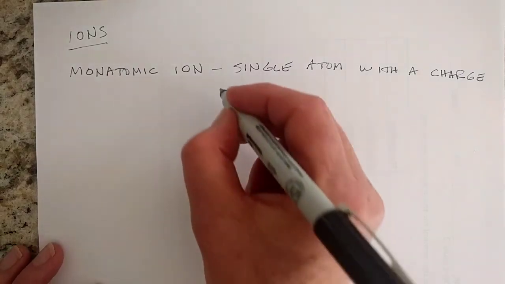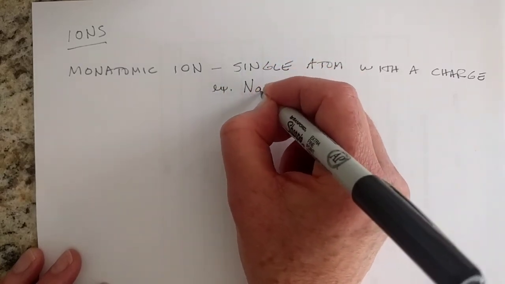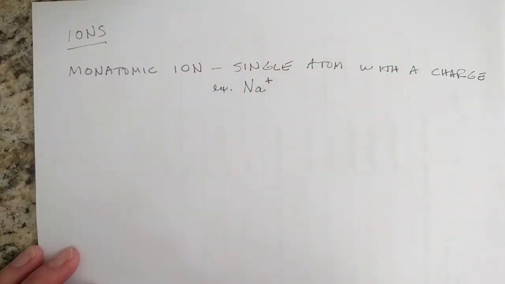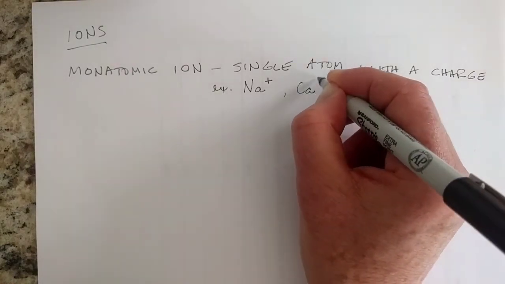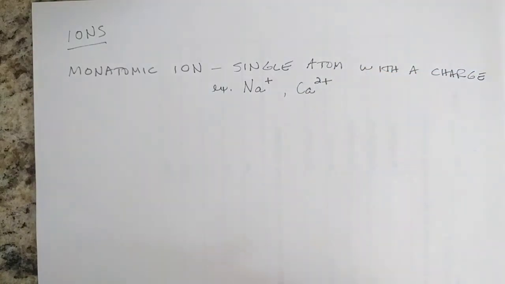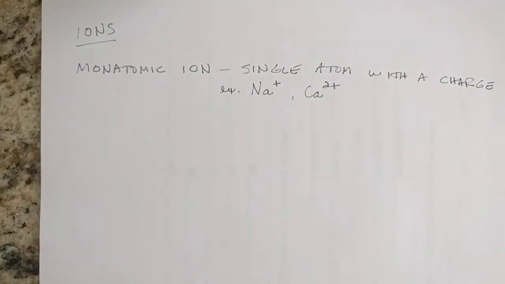So for example, we can have the sodium ion, Na+. Sodium is in group 1, it has one valence electron. It loses that electron when it becomes an ion, and it has a positive charge. We can have Ca2+. Calcium has two valence electrons, it's a metal. When it loses those two electrons, it becomes 2 positive.